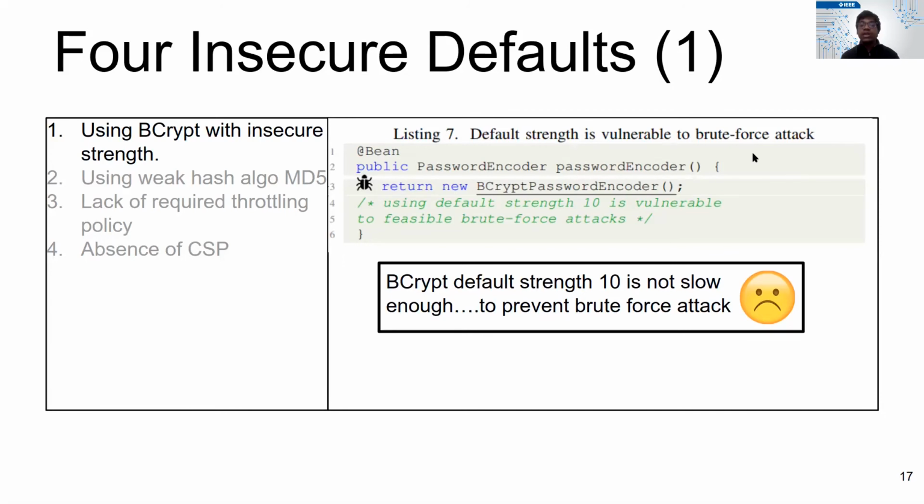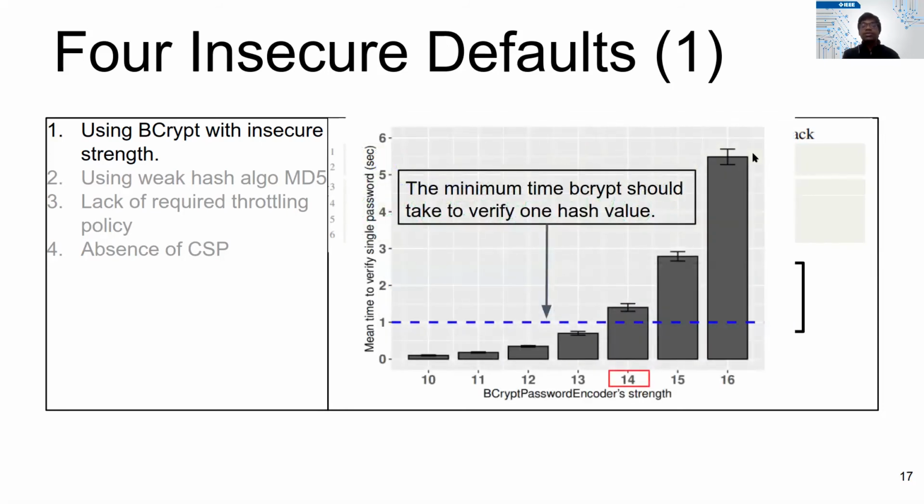However, we have found that the default strength of the bcrypt password encoder is not slow enough to prevent brute force attacks. As we have seen in our own experiments, as you can see in the figure, the default strength of Spring Security, which is 10, is nowhere close to the minimum time bcrypt should take to verify one hash value.